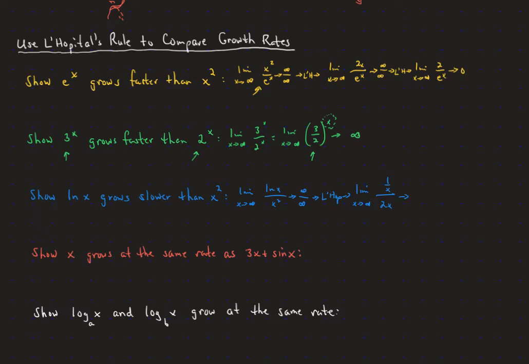As x goes to infinity, the numerator is going to go to 0, and the denominator is going to grow large without bound, which is going to make the limit be 0, which means that the logarithm is a slower growing function than x squared.